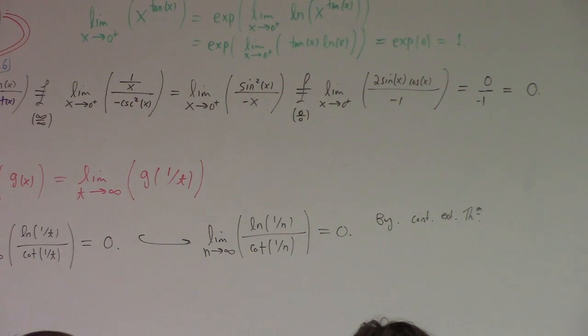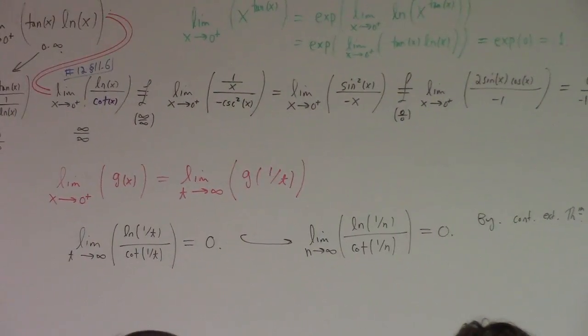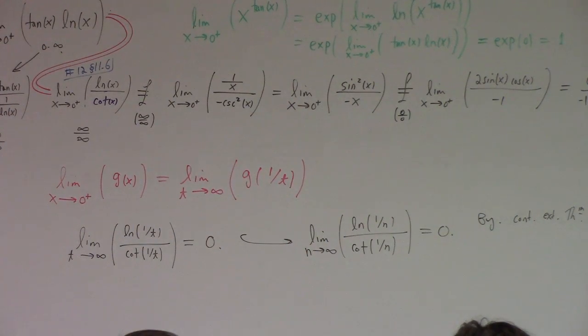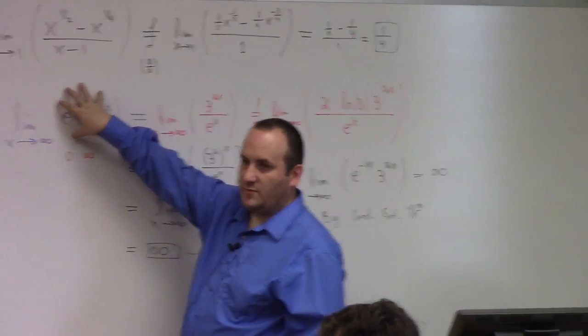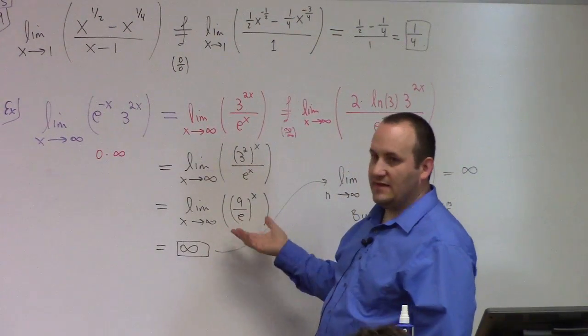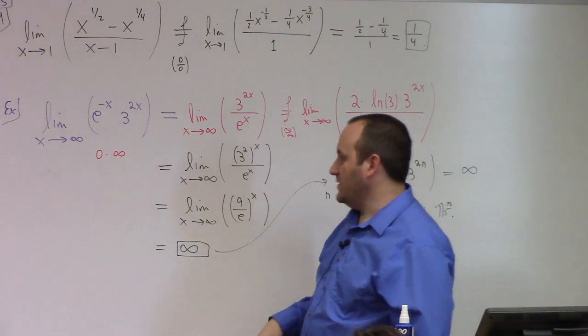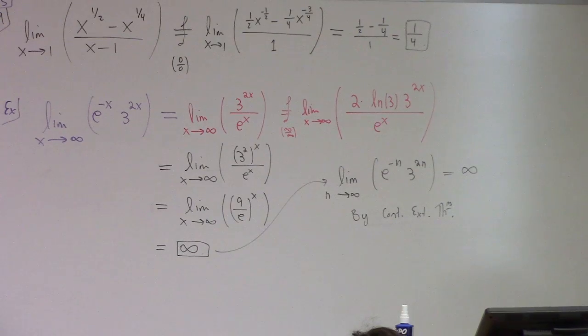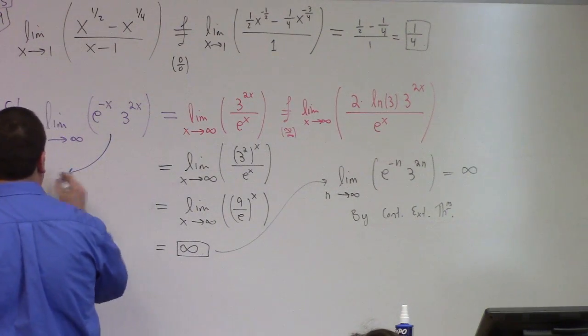Right. Unless of course, it wasn't strictly speaking necessary to make this into a quotient. If you know your algebra well enough, you could have gone directly from here to here or something like that. There's another way we could have done that problem. For example, you could also do this, which would be useful to know about.